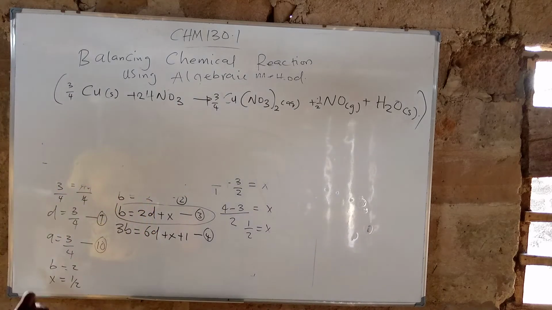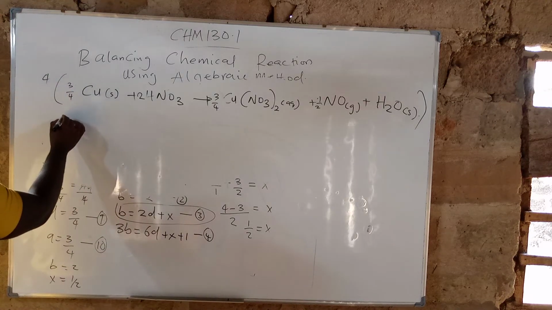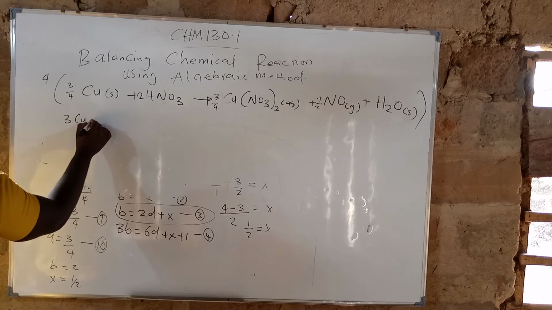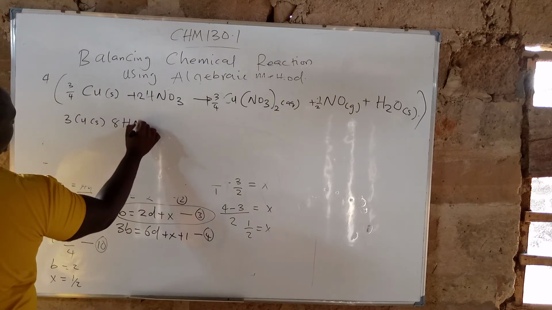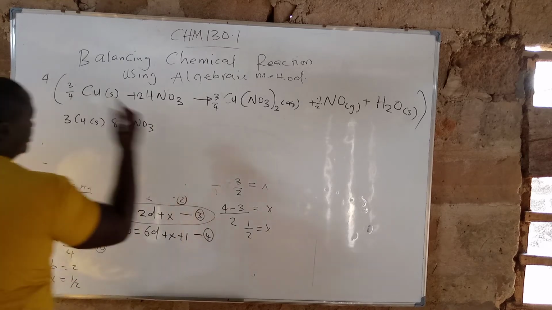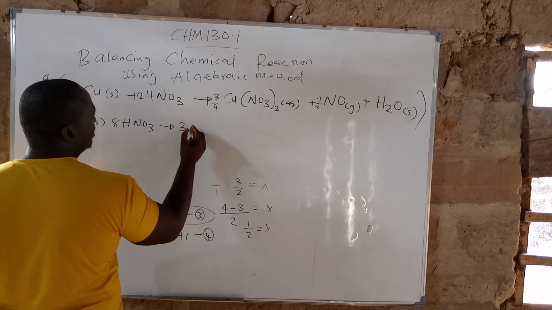What am I going to multiply everything with? I'm going to have to multiply everything by 4. So multiplying everything by 4, this will cancel this. So you have 3 CuS. Come here, you have 8 HNO3, right? You come here, you have 3, because 4 will cancel 4 here.